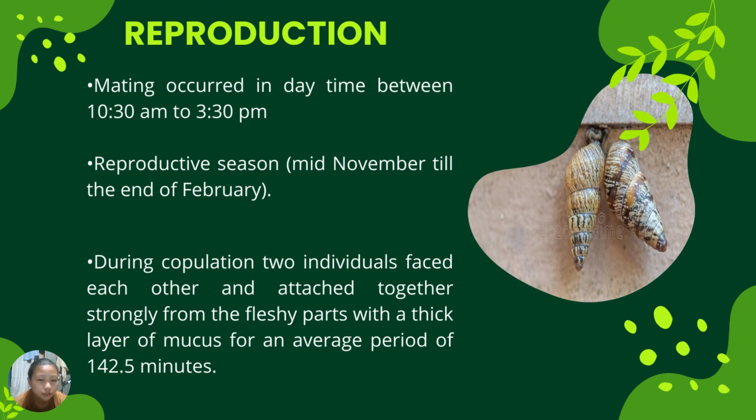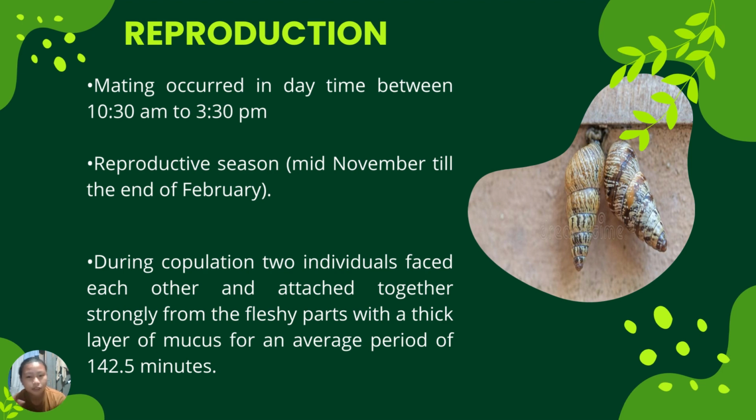During copulation, two individuals face each other and attach together strongly from the fleshy parts with a thick layer of mucus for an average period of 142.5 minutes. That time is very long for the copulation itself, because that long period is the courtship.